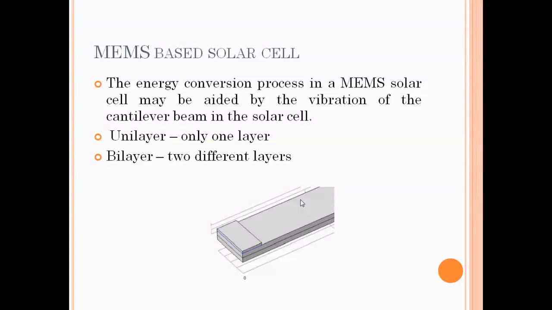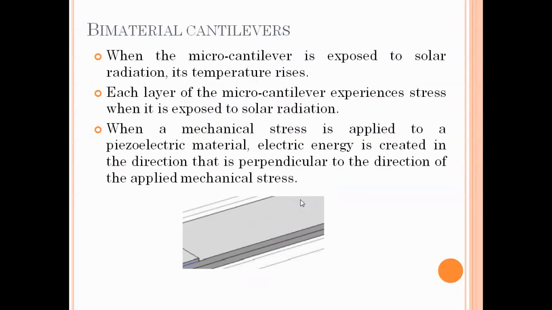When the micro cantilever is exposed to solar radiation, the temperature rises, which causes stress. The piezoelectric layer attached to the beam then generates a corresponding voltage with respect to the mechanical stress.